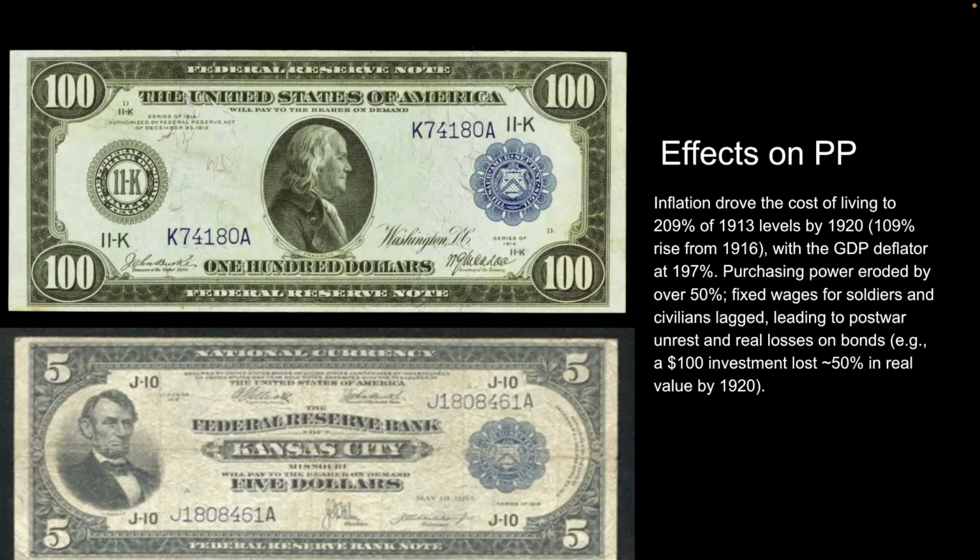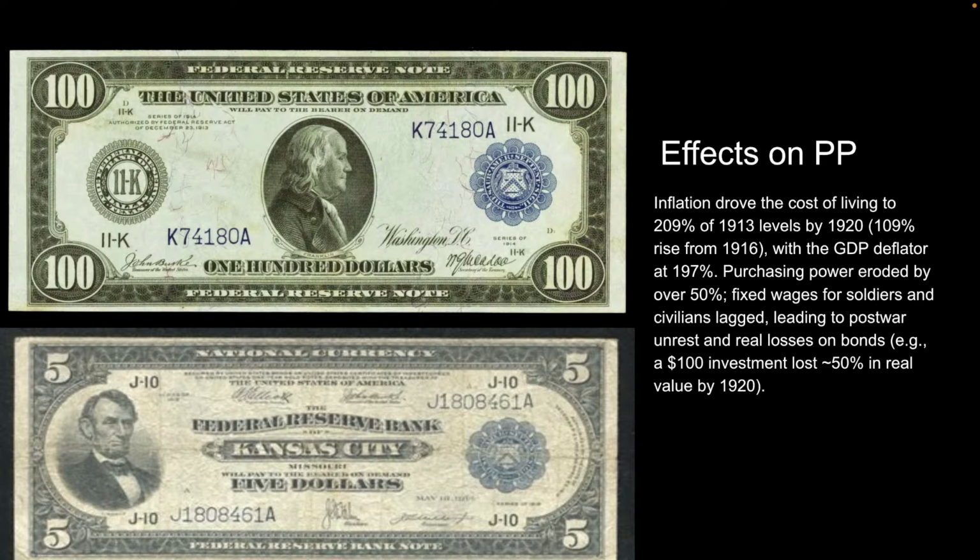And the effects on the purchasing power: inflation drove cost of living to 209% of the 1913 levels, and by 1920, a 109% rise from 1916. Oh, wow, that's just crazy.